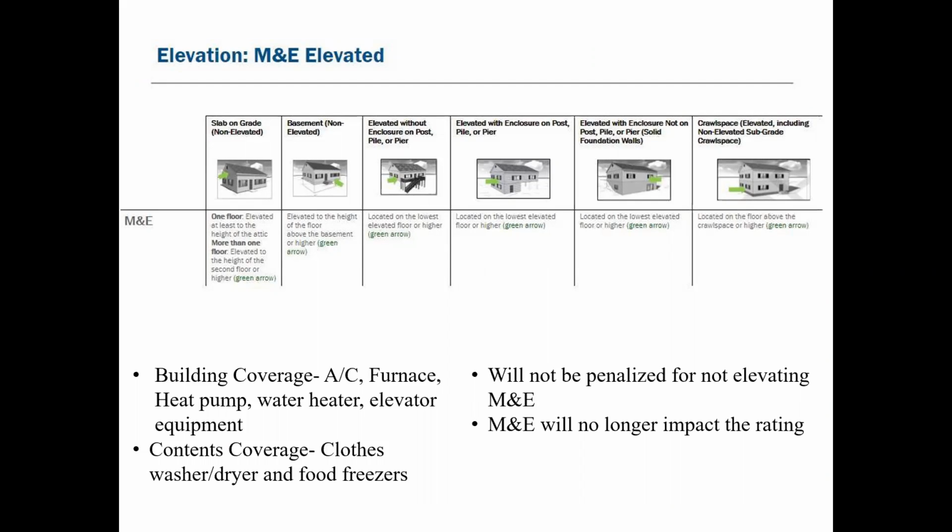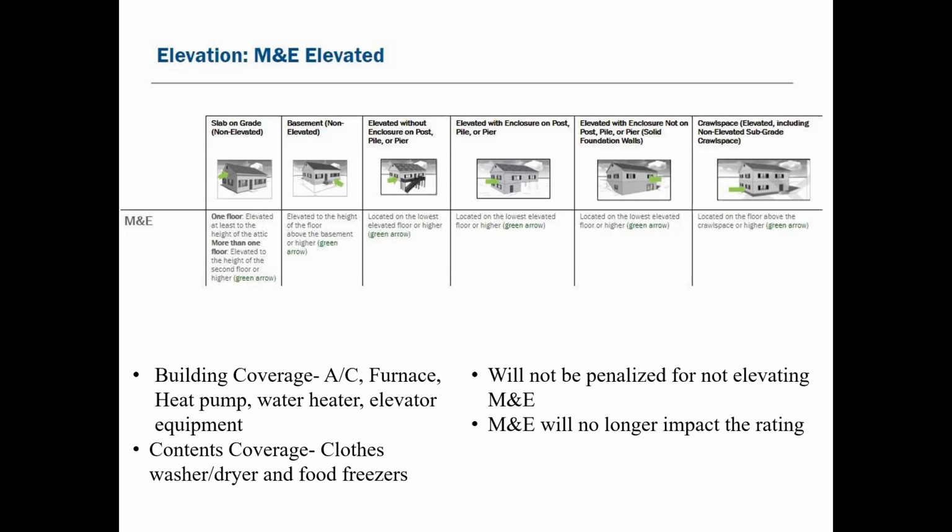Again, the machinery and equipment, under the old rating system, your rating floor could be changed if you had utilities on your actual lowest floor, and people were penalized for that, and that is no longer the case. You just don't get the discount if you don't have it elevated high enough.